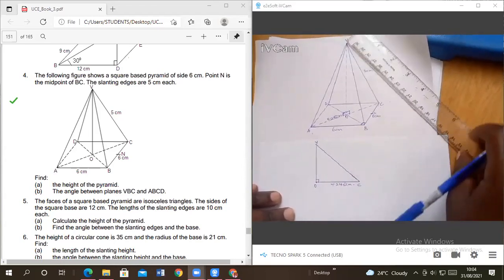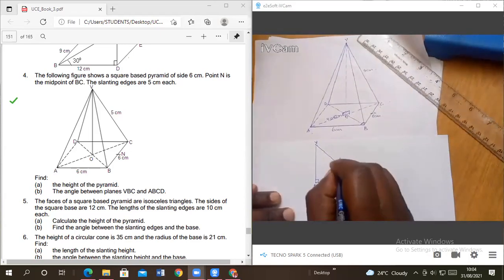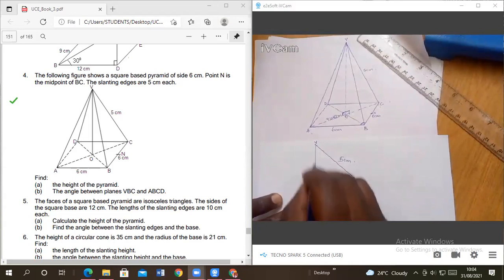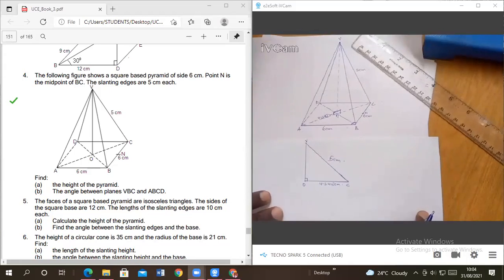So this slanting edge is 5 centimeters. We shall put VC is 5 centimeters. So what is OV? Remember, OV is the height. It's what they are looking for.